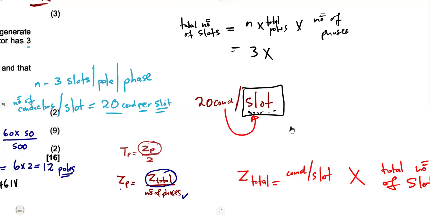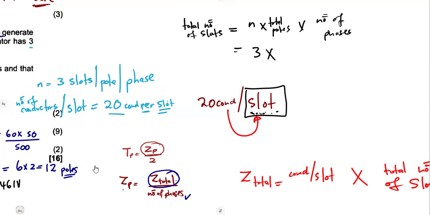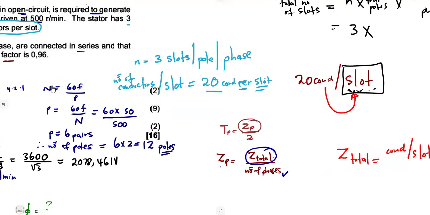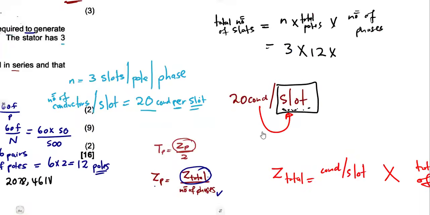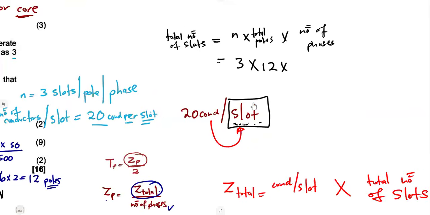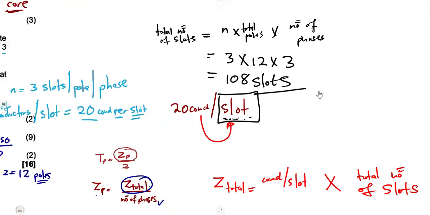We calculated in the first question that there are 12 poles, times the number of phases, remember it's 3 phase, so times 3. That gives us a total of 108 slots. That's the total number of slots.